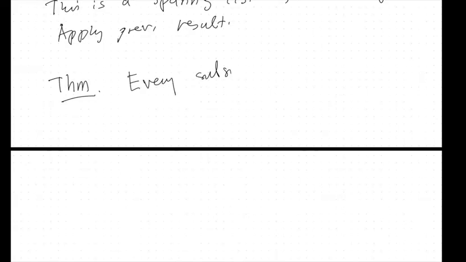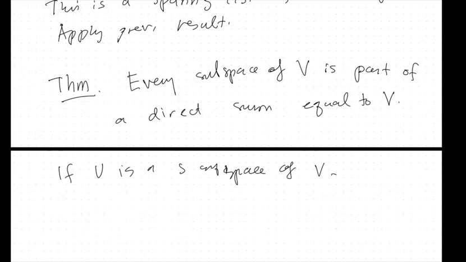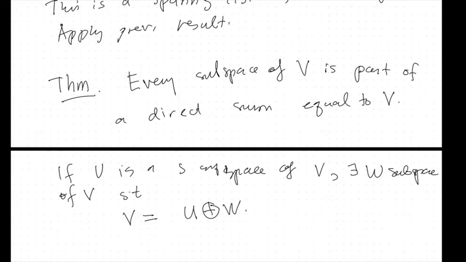Every subspace of V is part of a direct sum equal to the space V. That is, if U is a subspace of V, there exists a subspace W of V such that V is equal to U direct sum with W.